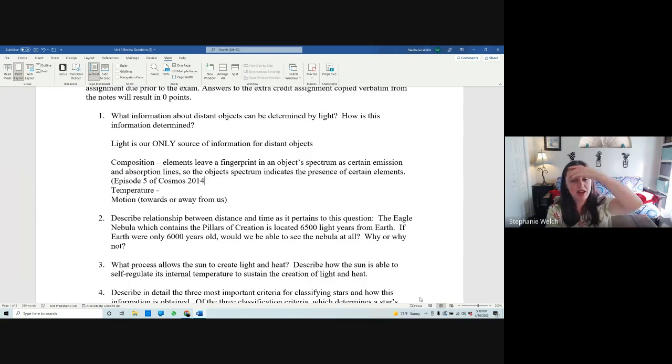I'm trying to remember what the tagline of the first Neil deGrasse Tyson Cosmos was, and I'm forgetting. Oh, A Space-Time Odyssey. That's what they called it. If you're into it, you want to go back and watch episode 5.